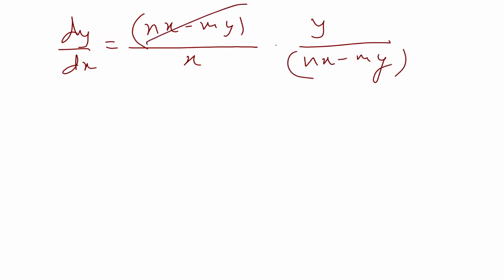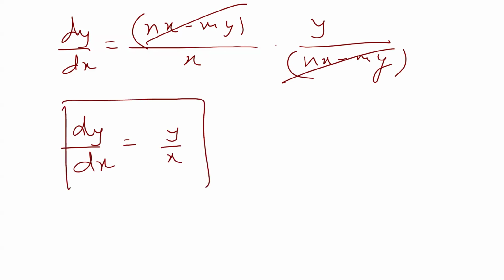Okay, this is getting cancelled. So dy by dx is equal to y upon x. So this is what we have got. But then we have to prove something else. Just refer to the problem statement. What we have to prove? We have to prove d square y by dx square equal to 0.